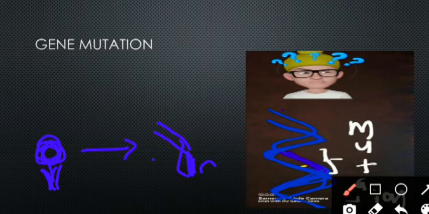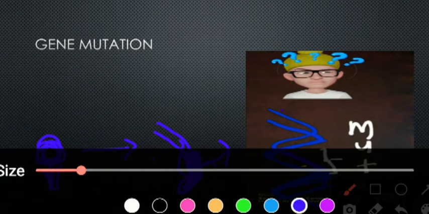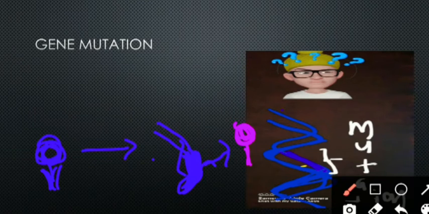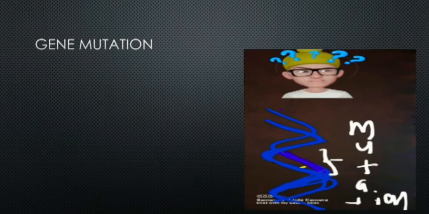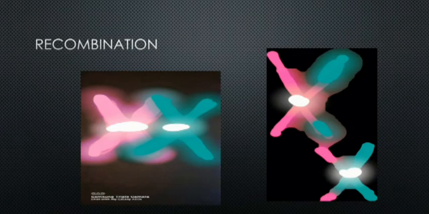This is the gene, and if there is a change in that gene due to any reason, it is converted into a pink red colored flower. It is only because of that mutation. Okay, do you understand the mutation?